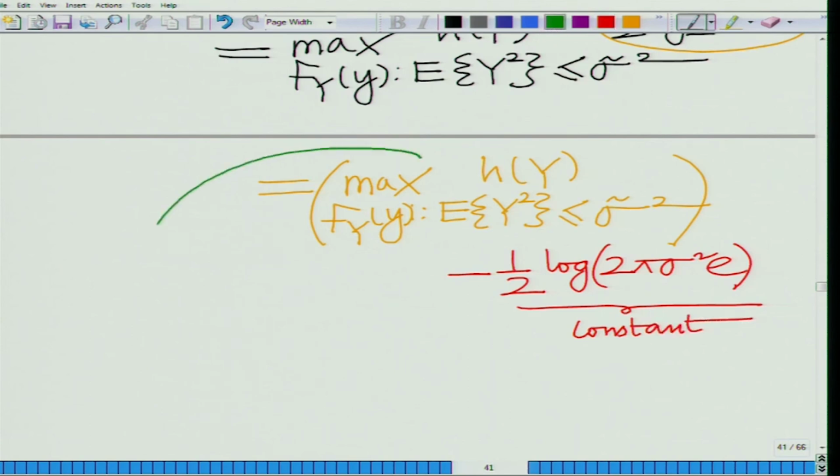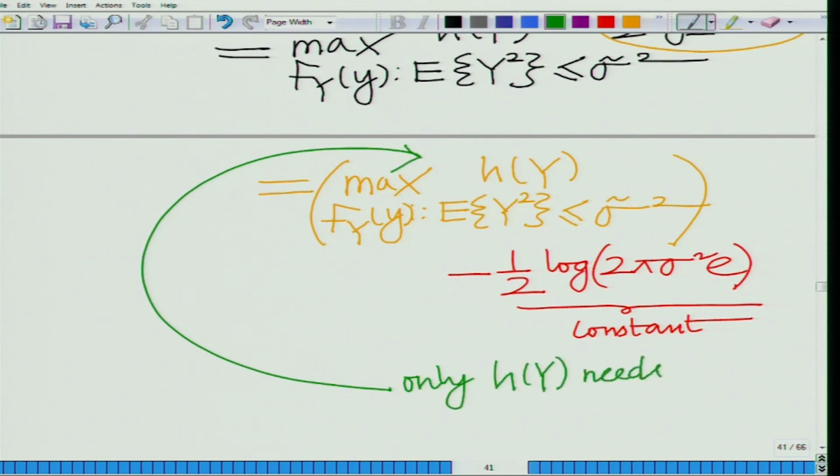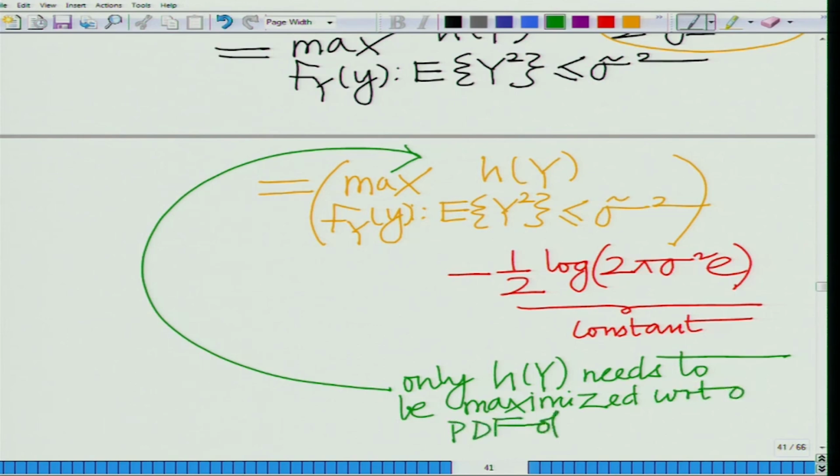So, only this needs to be maximized with respect to the PDF of y. Okay. So, that is where we are currently.